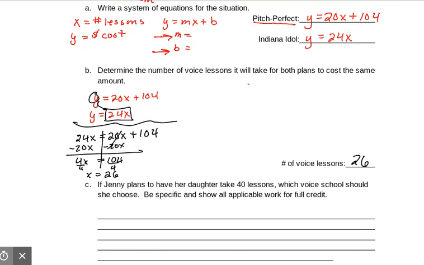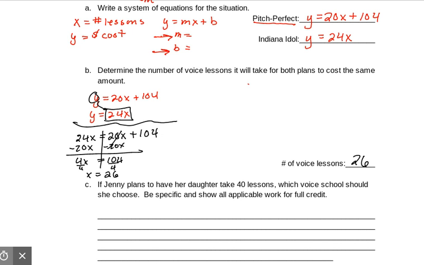And then I have this last part. This last part says if Jenny plans to have her daughter take 40 lessons, which voice school should she choose? It says be specific and show all applicable work for full credit. So I can't just name one and say, well, that's the one because I think that's the one that's cheaper.